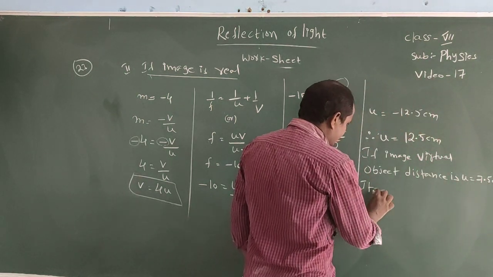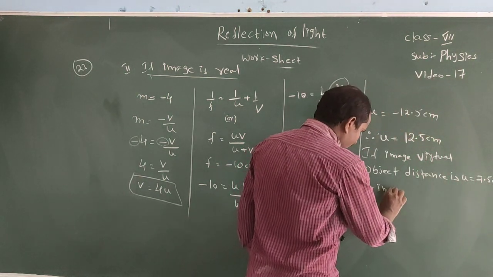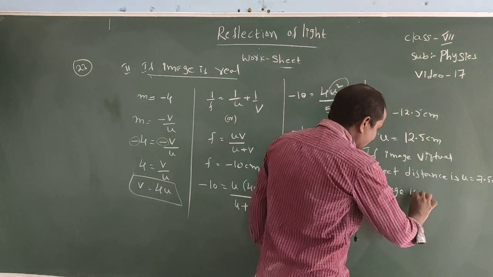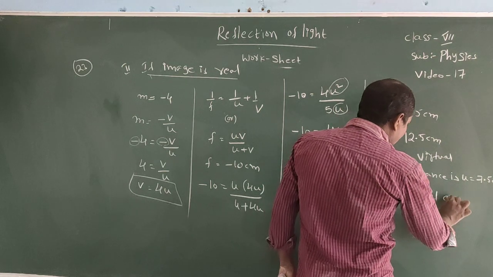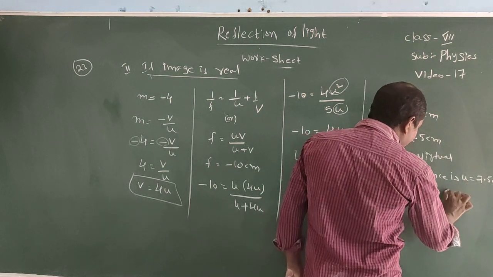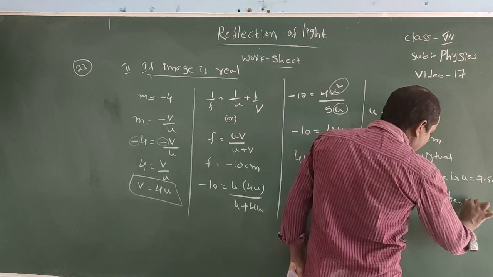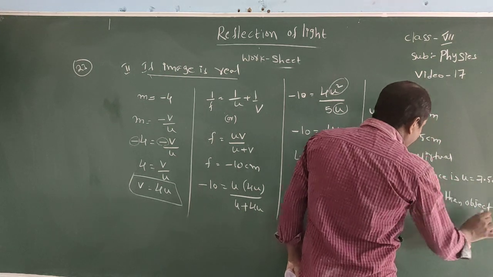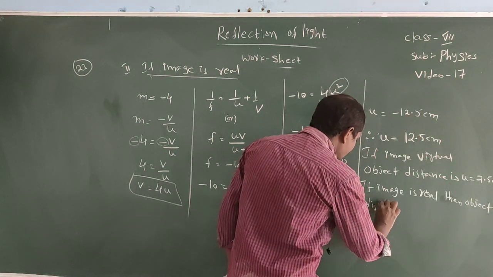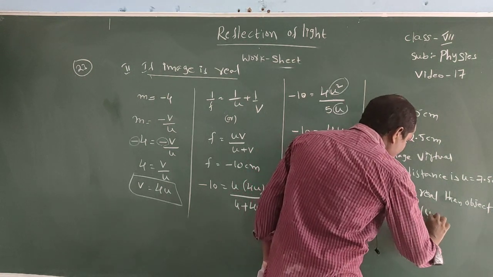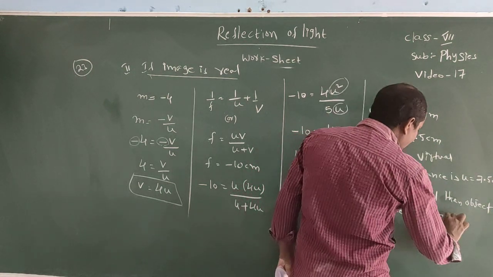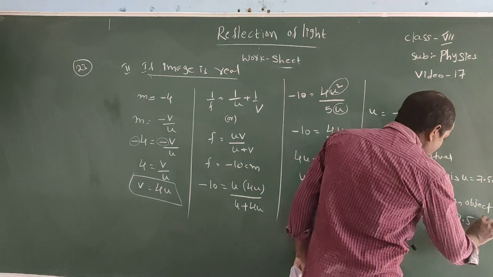If image is real, then object distance u equals how much did we get? 12.5.